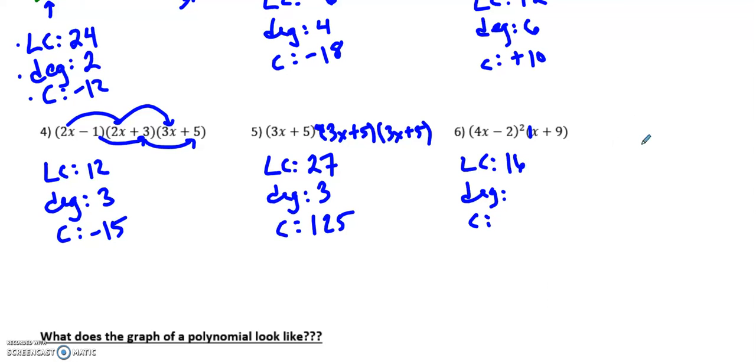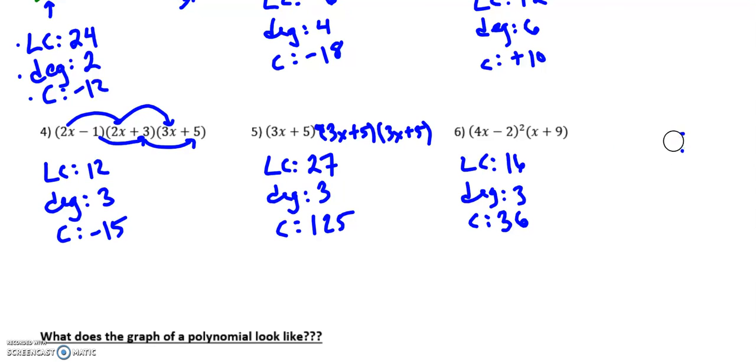For the x's, I have 2 x's here and 1 x there. So I think of that as x to the third. And for the constant, I have a negative 2 times a negative 2, because there's a square there, there's 2 of them, times a 9. So it would be a positive 36.